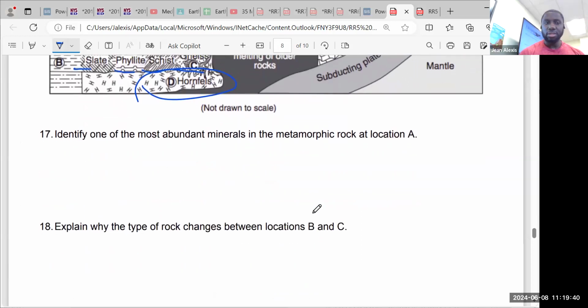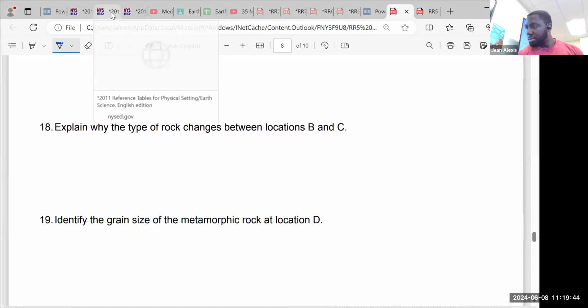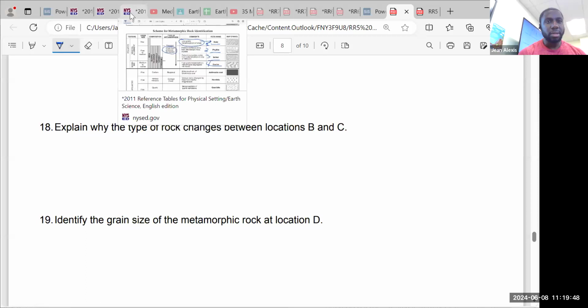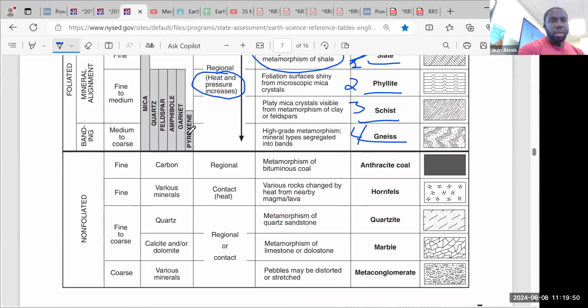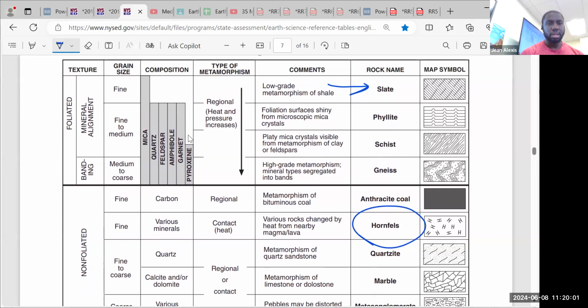Page 7. Let's turn to page 7. There we go. I'm going to go to Hornfels, right? And how do I find out the grain size? What do I do next?